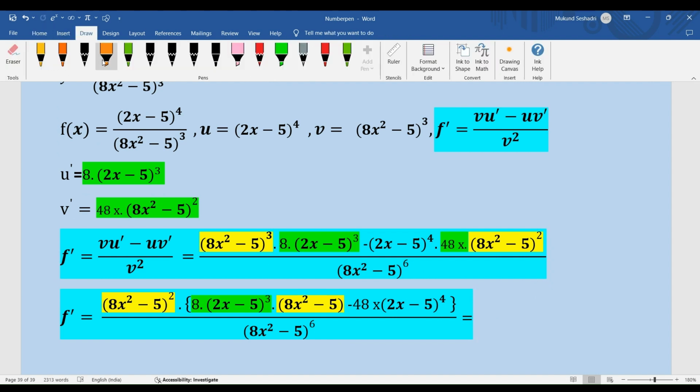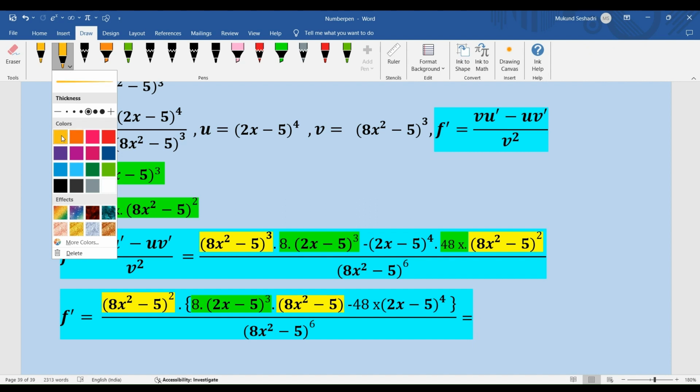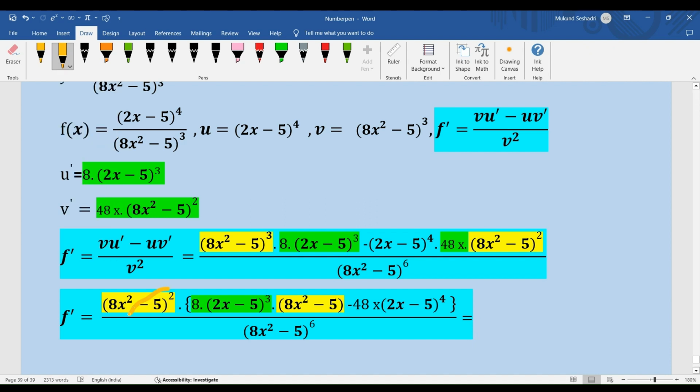We know which terms we're going to cancel out. We're not going to cancel out the entire 8x² − 5. So I'm going to cancel out my (8x² − 5) the whole square with the (8x² − 5) the whole power 6 here. So then I have an (8x² − 5) the whole power 4 in the bottom. So let me write it.